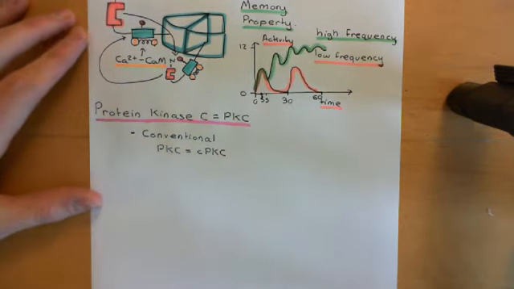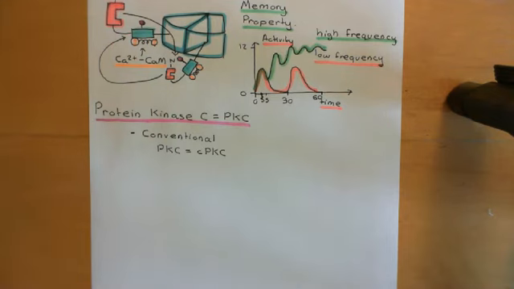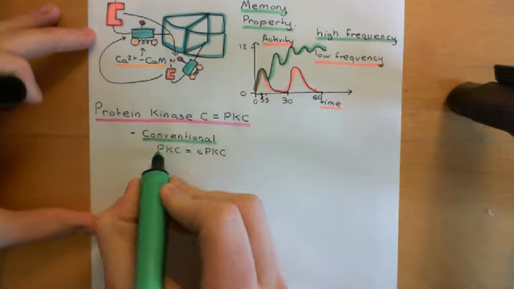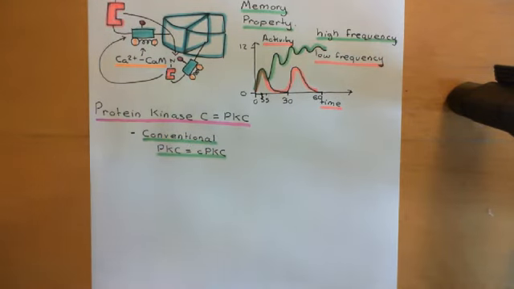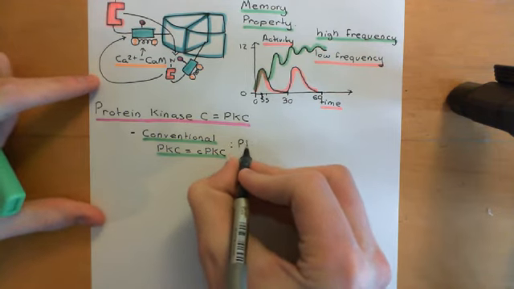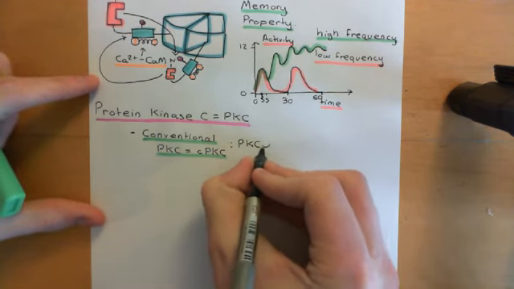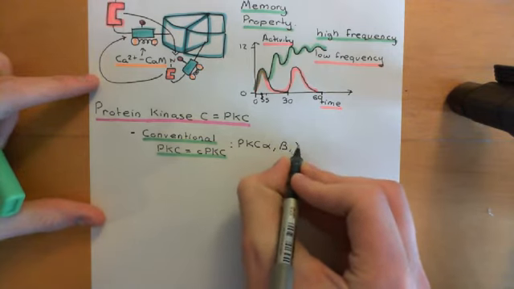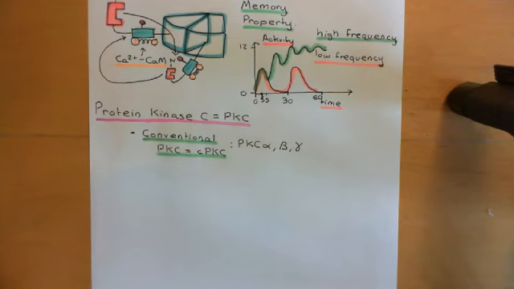Okay, and the cPKC family contains 3 different protein kinase C enzymes, which are the protein kinase C alpha enzyme, the protein kinase C beta enzyme and the protein kinase C gamma enzyme. So protein kinase C alpha, protein kinase C beta, and protein kinase C gamma.